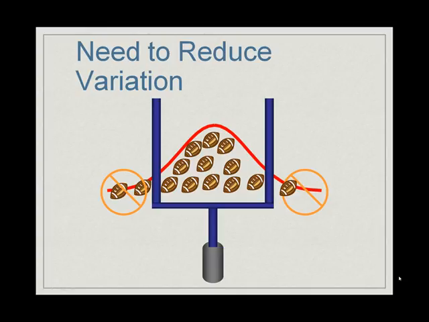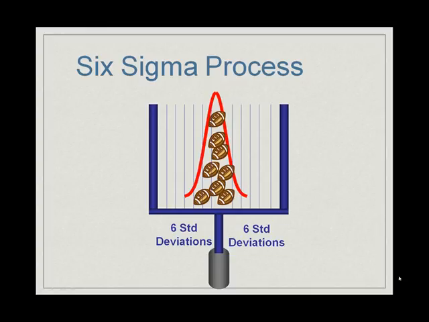Well, in essence, these are the only two ways that we can improve a process. We can center the process and reduce variation. With the Six Sigma process, a good way to think about it is that we have a process that has very little variation, that is very centered on our target, between our specification or between our goalpost, as you see here, with a very narrow distribution of footballs that is very centered.